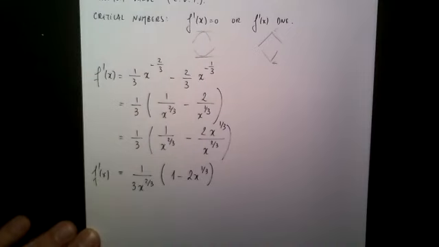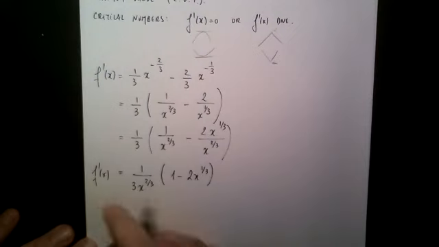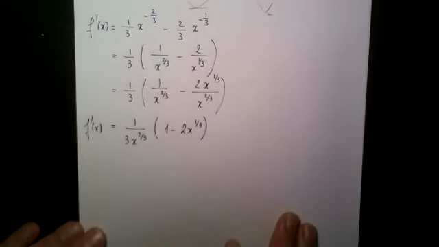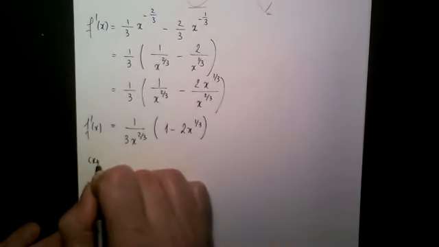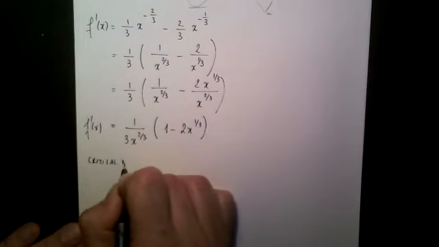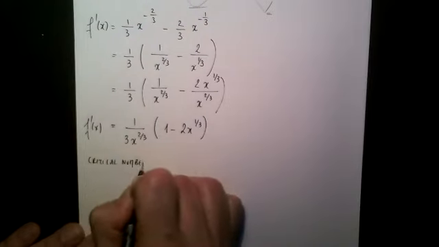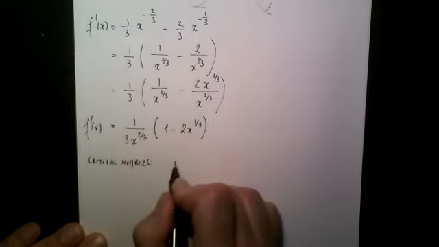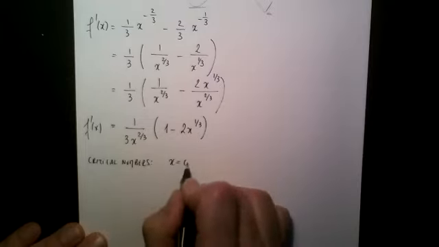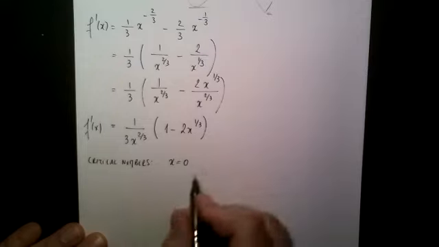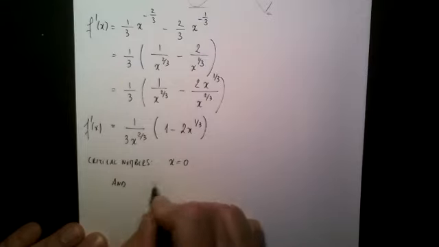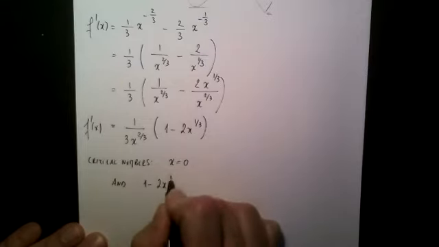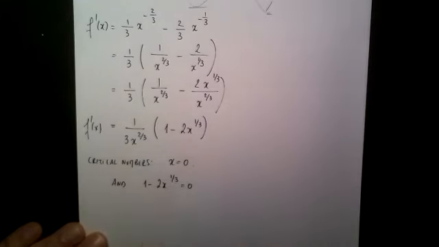Okay, so I'm going to write down right away here. So the critical numbers are when obviously x is 0 and when 1 minus 2x to the 1/3 equals 0.